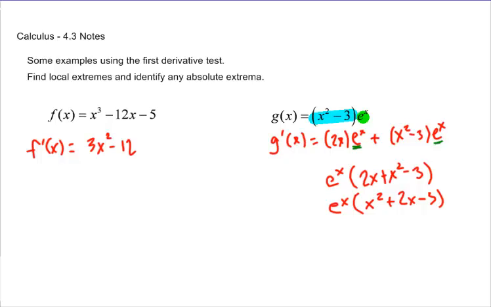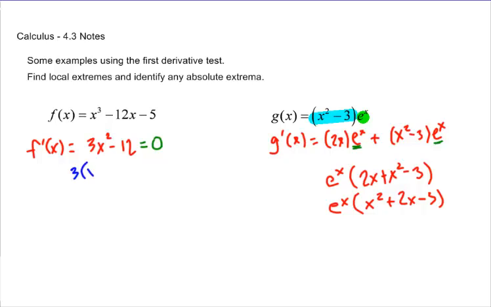And what we're going to do is make a little sign chart. Take the f prime, factor it, and set it equal to 0, because we want to know where our derivative goes from negative to positive or positive to negative. So set this equal to 0, and when we do that, there's a couple things that we can do. We can use the quadratic formula, we can factor, we can do a lot of things. I see factoring here.